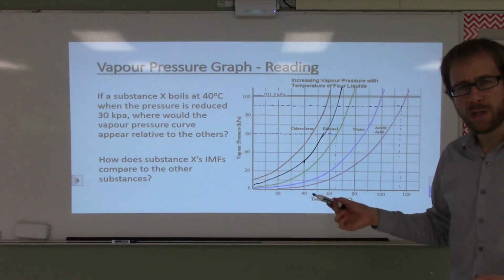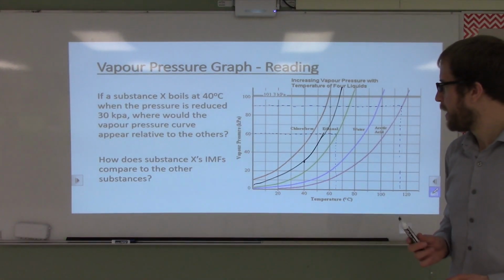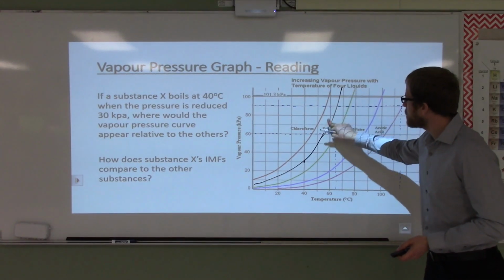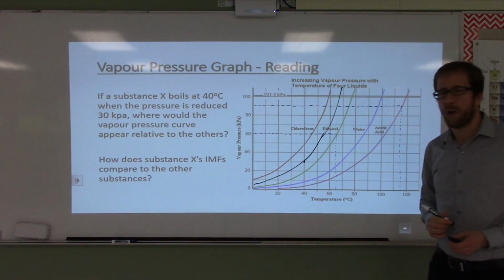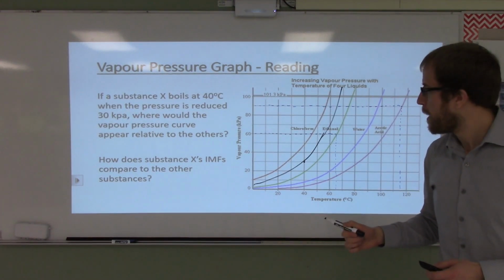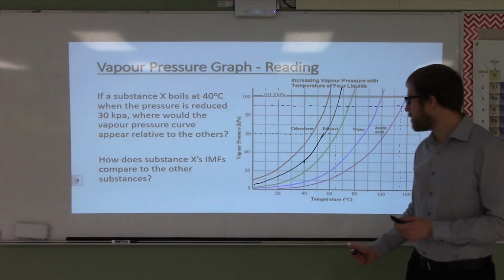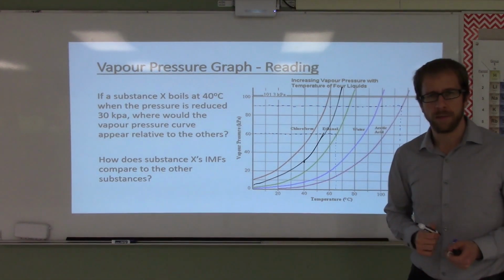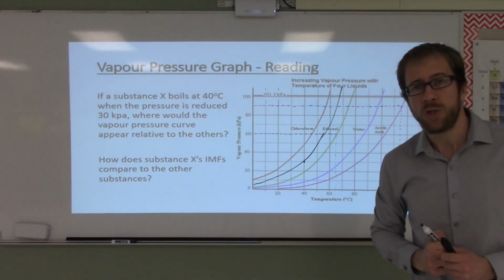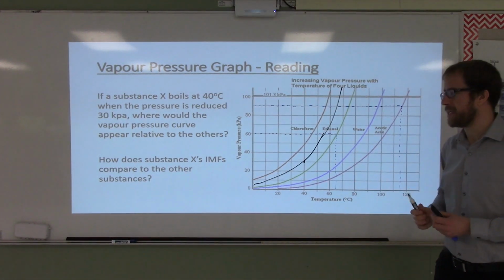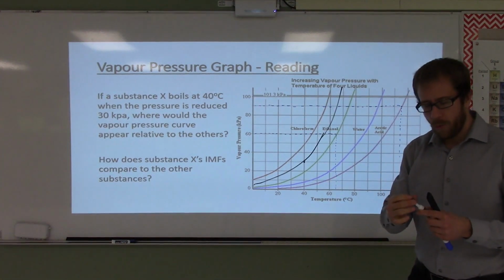Now, based on this, we can actually make some assertions about the relative IMFs in these substances. So, how do the intermolecular forces of our mystery substance here compare to the IMFs of chloroform, ethanol, water, and acetic acid?